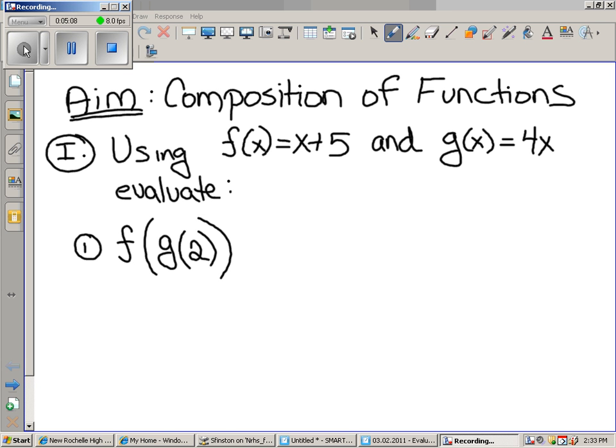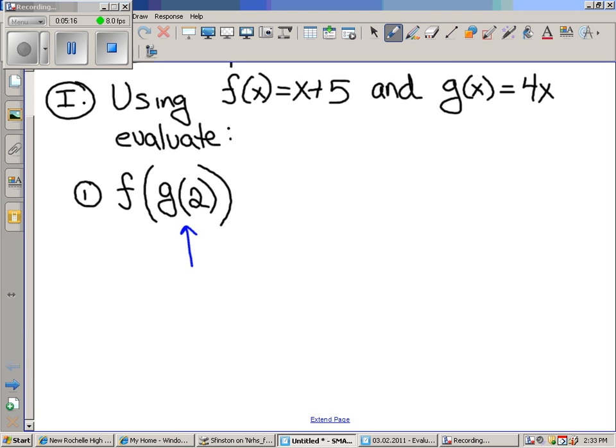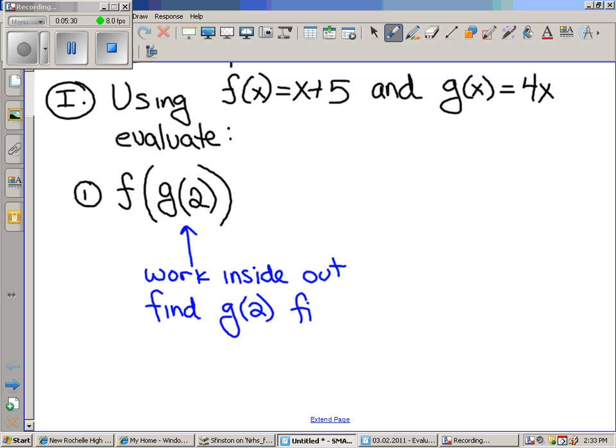So, in order to solve problem number 1, you have to figure out the inside first. Inside out. I want you to find g at 2 first. So, how do you find g at 2?